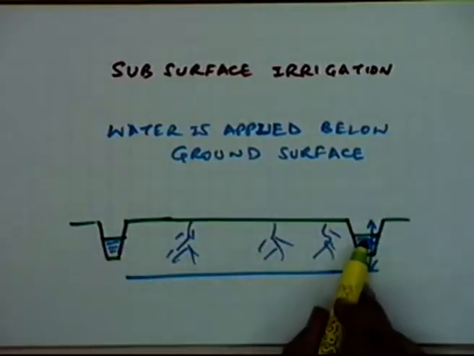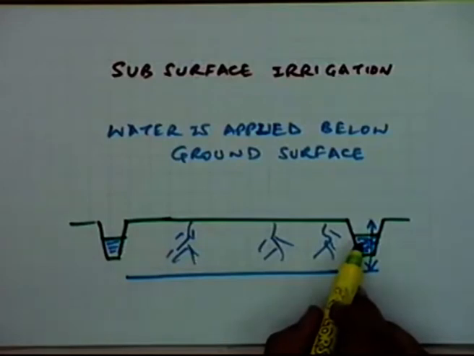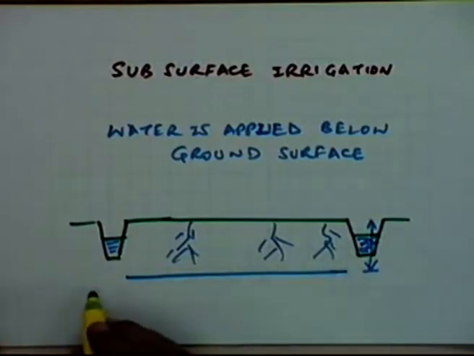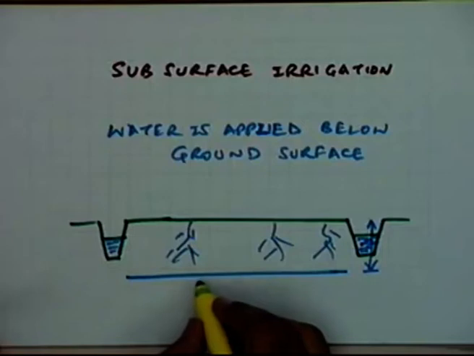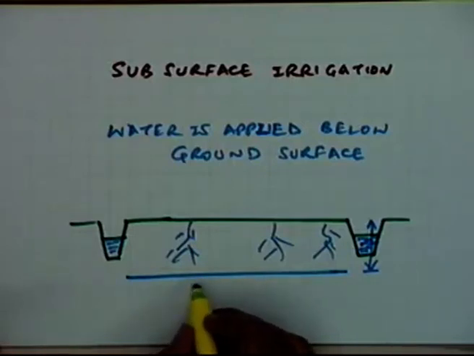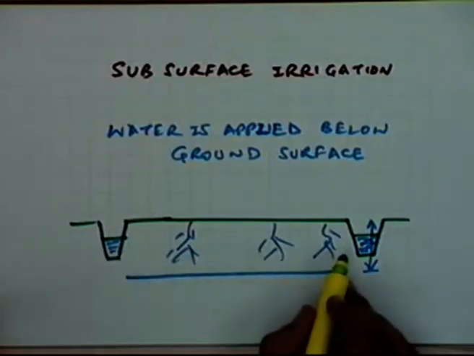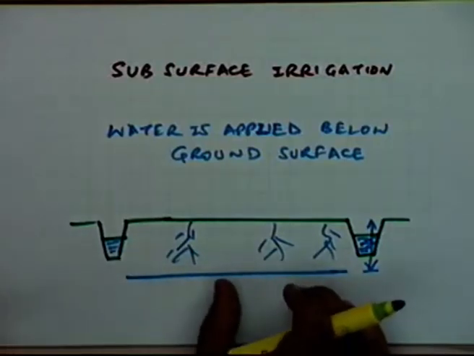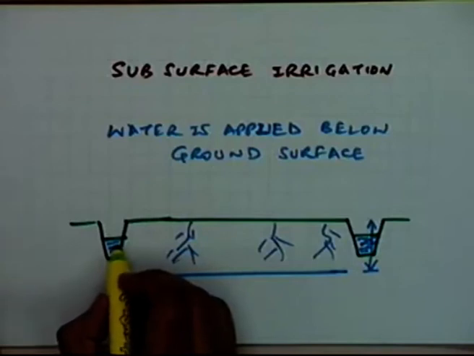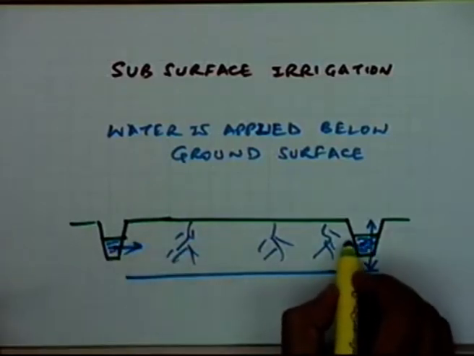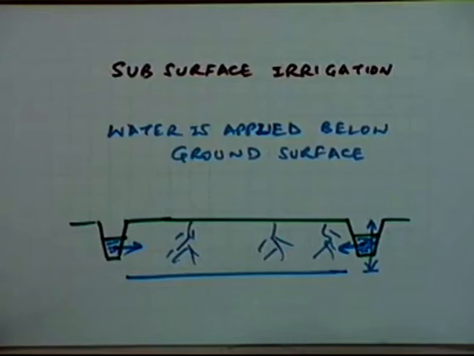What will happen if you maintain this water level here, and if the groundwater table is somewhere down below, depending on what type of soil you are using, what type of soil is prevailing, there will be some flow from this area into this area.